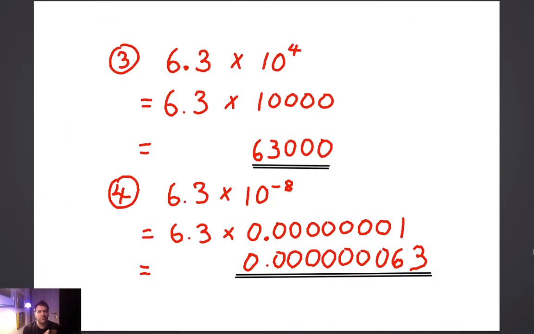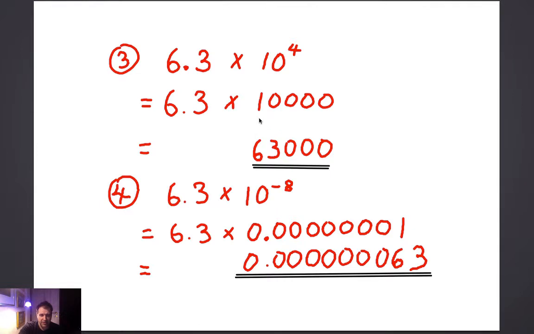Questions 3 and 4 are working the other way. So we're taking a standard form number and we're writing it in normal form. So 6.3 times 10 to the power of 4, I've written as 6.3 times 10,000, a 1 with 4 zeros. And then I've tried to write the final answer directly underneath with the columns lining up.